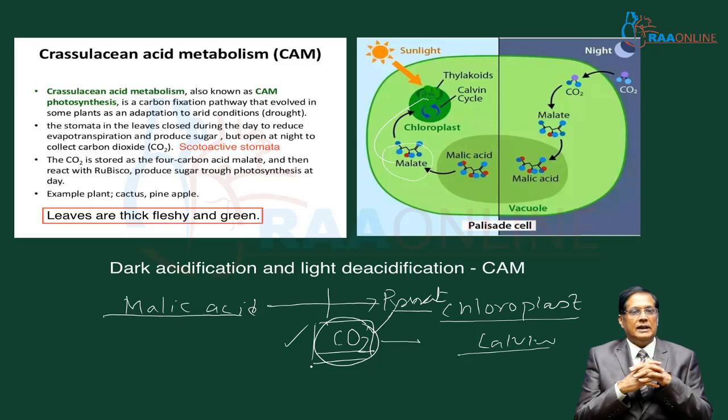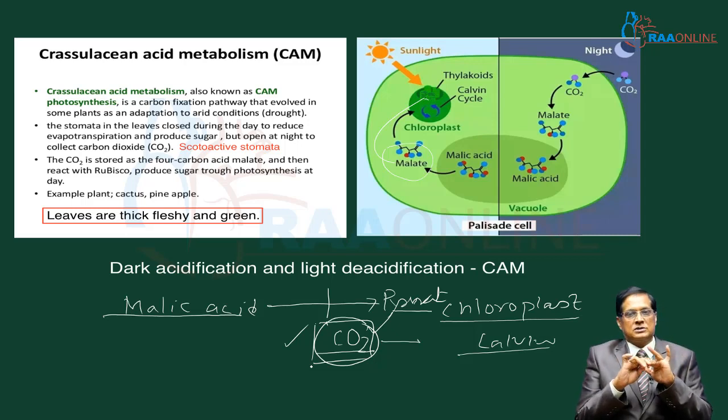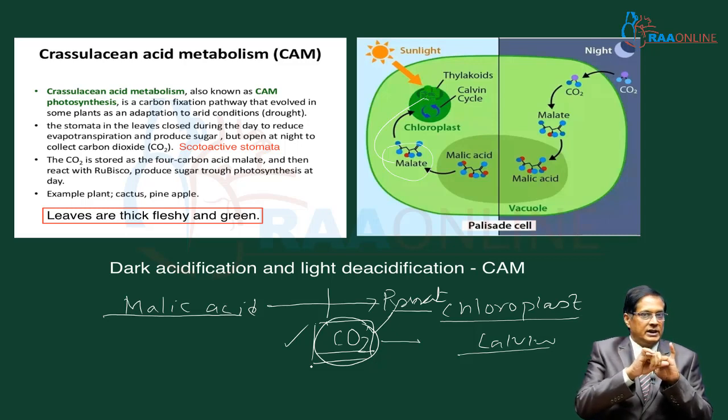This is crassulacean acid metabolism. Three specific features: number one, thick fleshy green leaves. Second, stomata close during the day and open at night, that is the scotoactive stomata. And third speciality, synthesis of organic acid during night and use of the acid during the daytime.